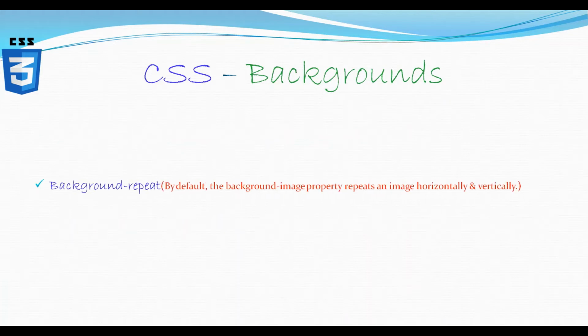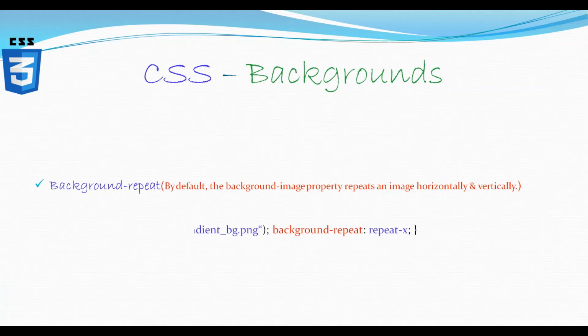And our last slide basically covers the background repeat property. So background repeat basically prevents a picture from being repeated throughout the entire body of the document. It may not sound very convincing right now, but once we start coding, then you can see the rationale behind it.